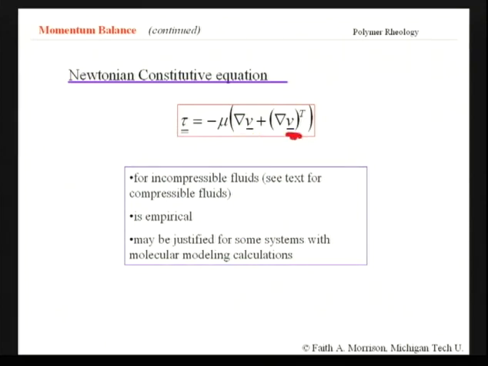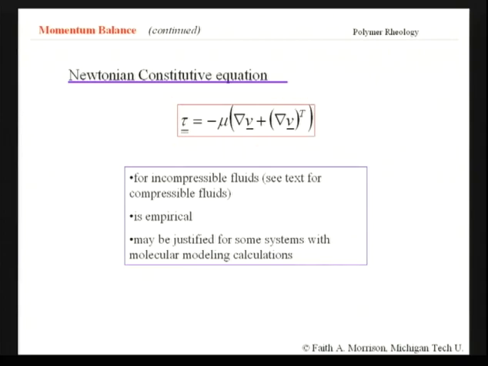And that is called the Constitutive Equation. And that's the meat of our discussion in rheology, is what is the relationship between velocity and stress in a moving fluid.